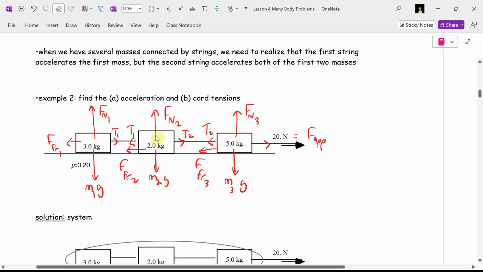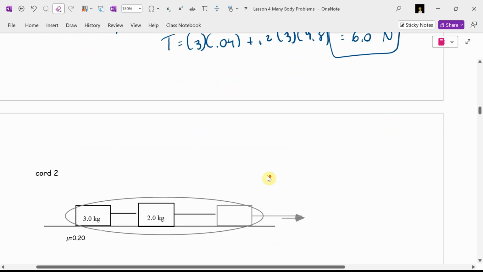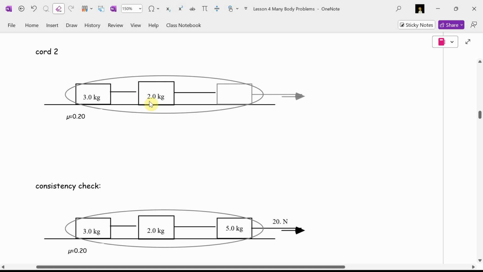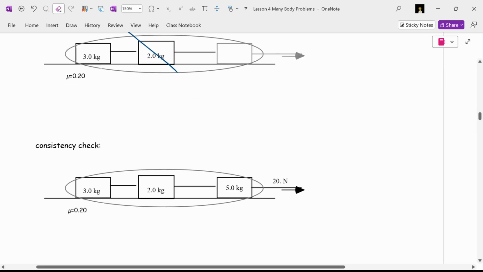To find tension 2, I would need to use tension 1. If I got tension 1 wrong, I'm going to get tension 2 wrong. So I think I'm going to use this one. My equation's going to be winner, F applied, minus tension 2 minus friction 3 equals M3A. I've got to do that on the next page. I'm not going to do the 2 kilogram mass. It's a bit yucky. I'm going to do the 5 kilogram mass.